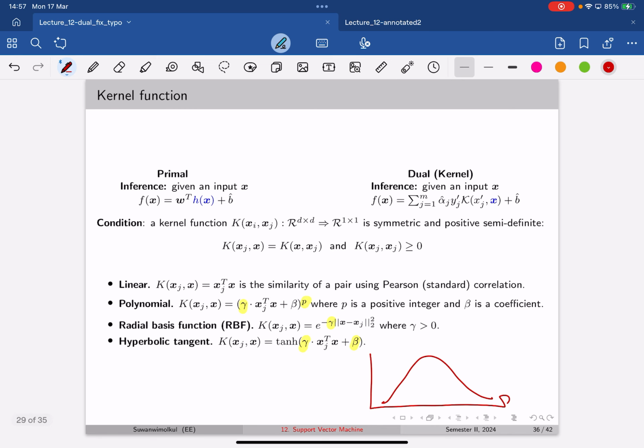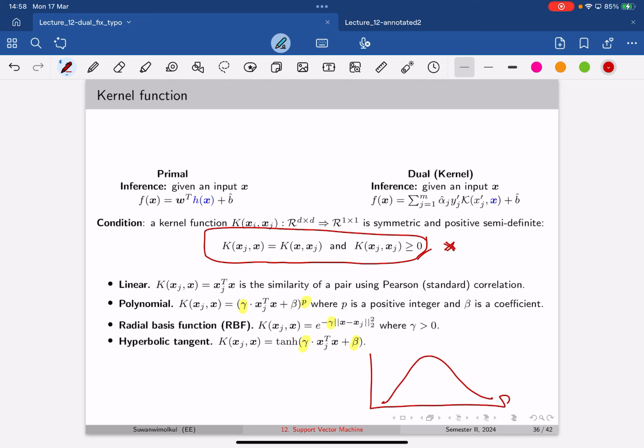And the thing is, what are the functions that you can use as a kernel? Immediately, there are two conditions for these types of function. Firstly, it has to be greater than or equal to 0.